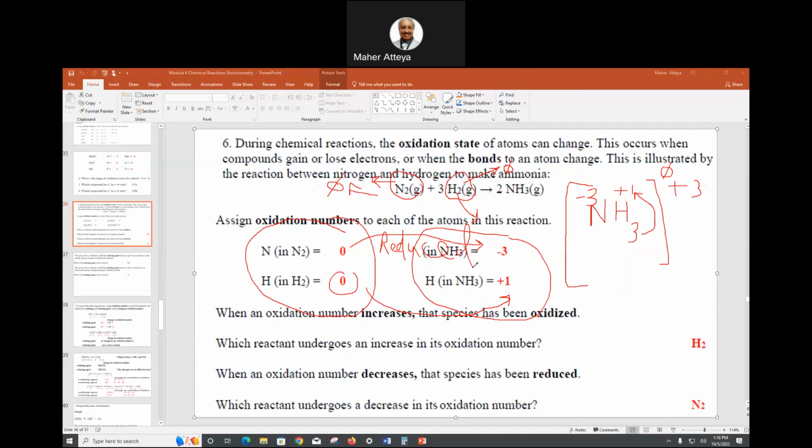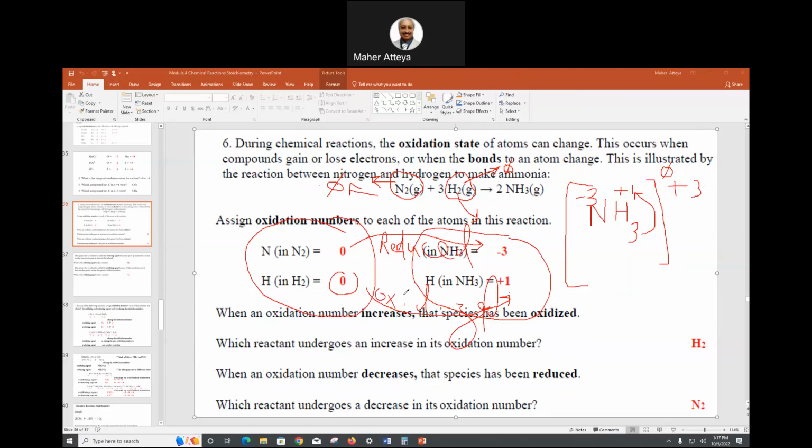Remember, 0 is here, -1, -2, -3. 0 is here, +1, +2, +3. So this one is an increase, correct? So hydrogen is being oxidized. I apologize, the pen is not matching the screen, the touch screen. So nitrogen is being reduced, hydrogen is being oxidized.